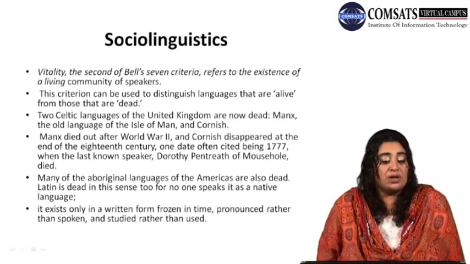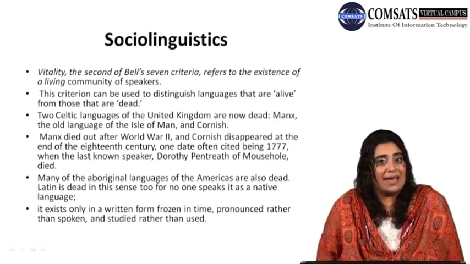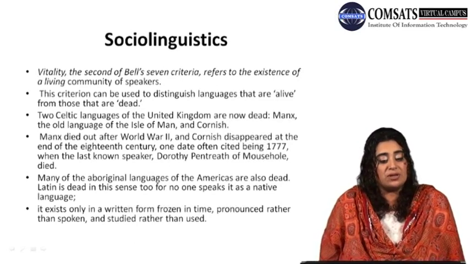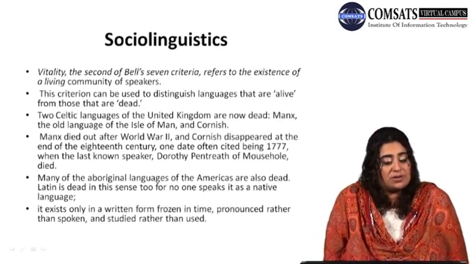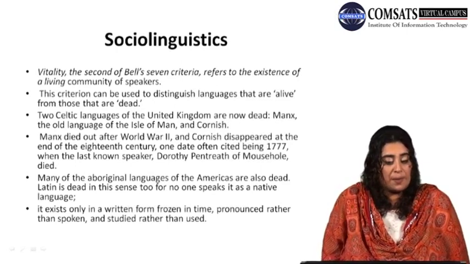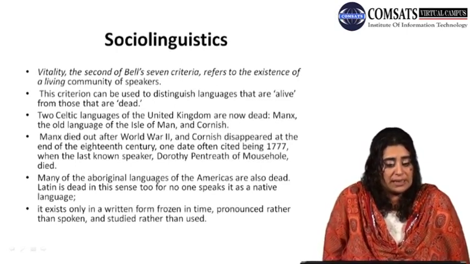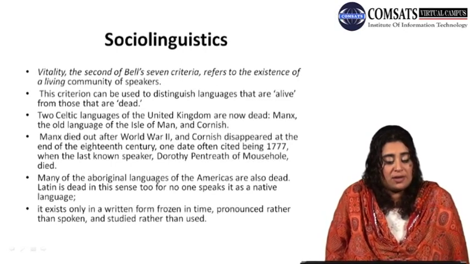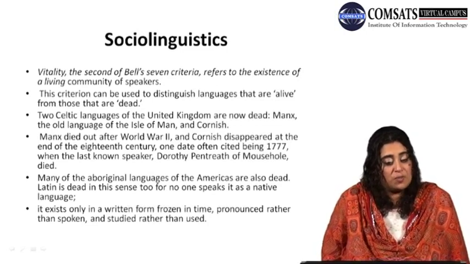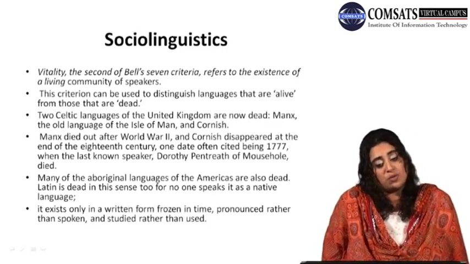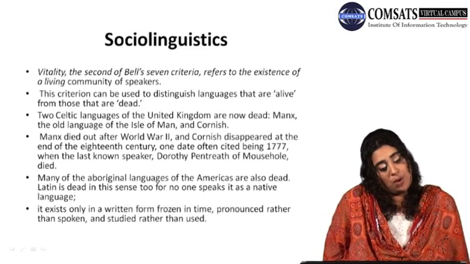So there were 2 languages long ago established in the United Kingdom, and Cornish was one part of that group of Celtic languages.